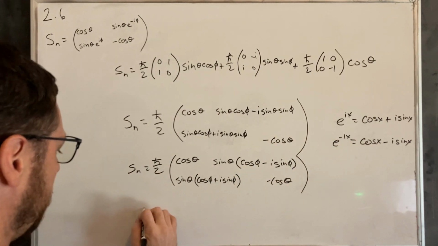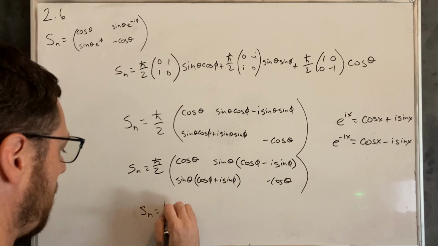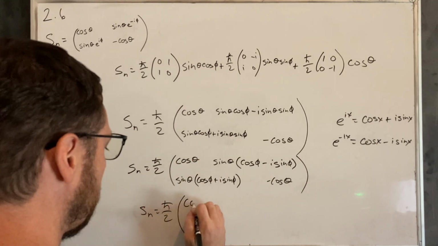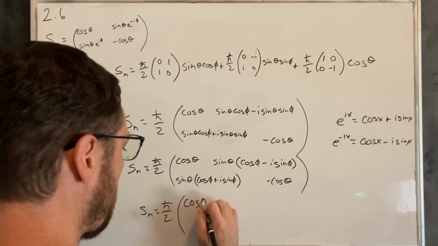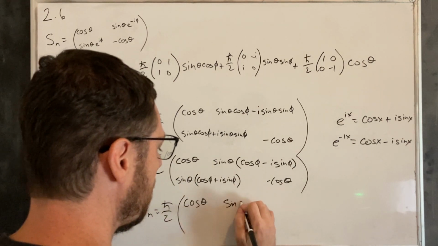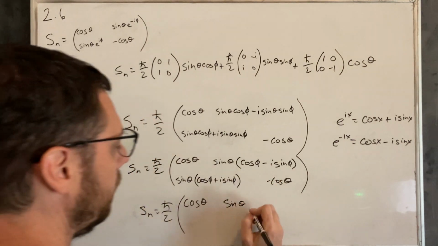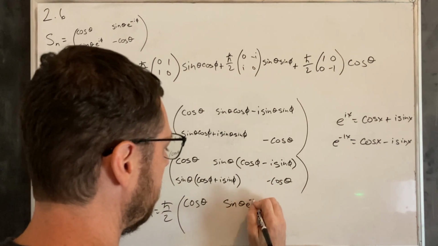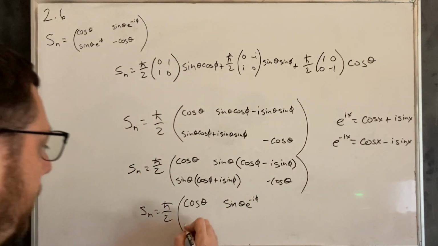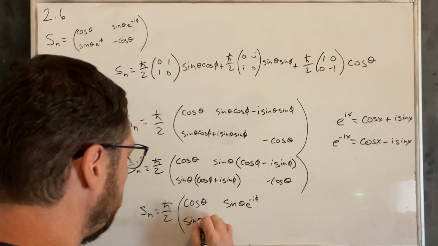So this is going to become Sn equals h bar over 2, that stays cosine theta. This stays sine theta. And this can turn into e to the negative i phi. And right here, we have a sine theta.